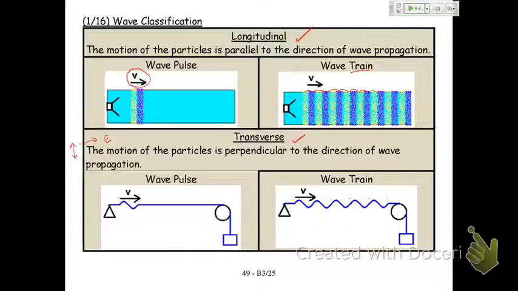A transverse wave train would be just flick, flick, flick at a regular frequency, and a transverse wave pulse is what we were doing on that slinky. The difficult thing about demonstrating a transverse wave train is that it will then reflect, and we get the reflected wave interfering with the ongoing wave.